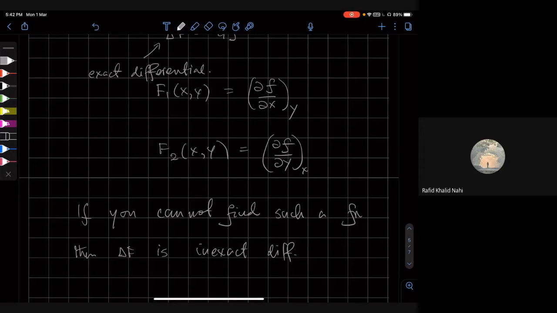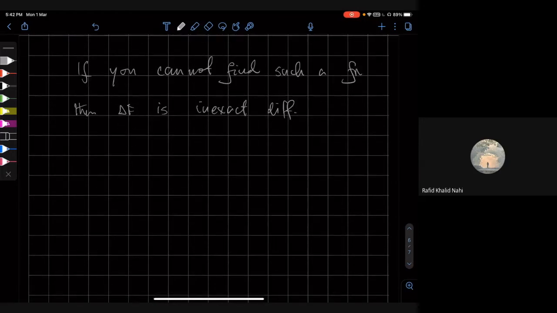So if our differential is exact, then we have some nice properties.